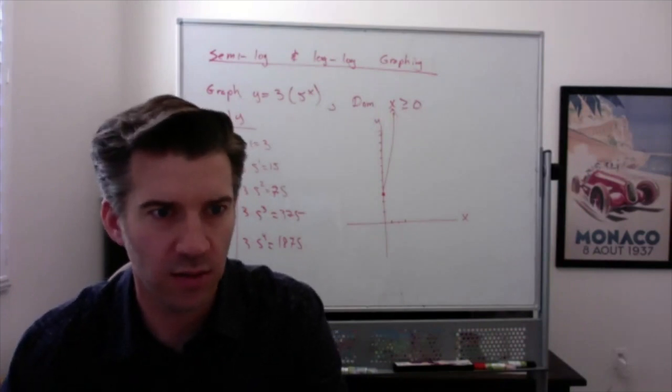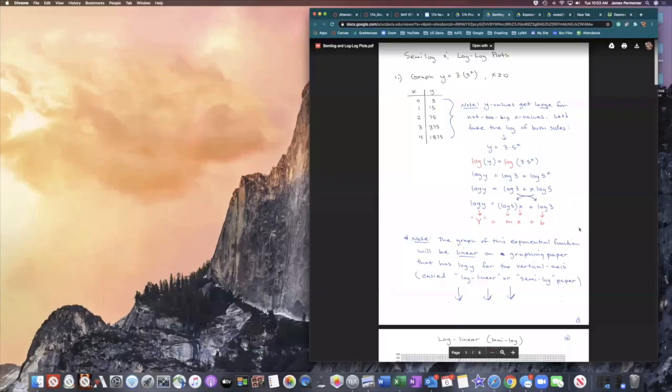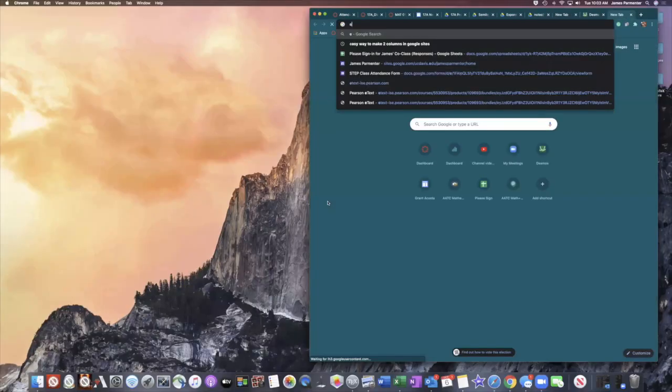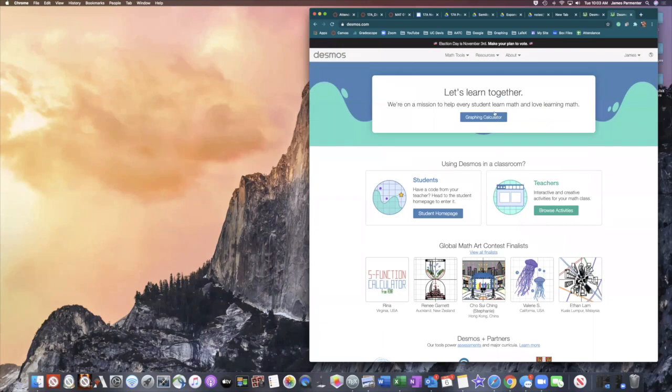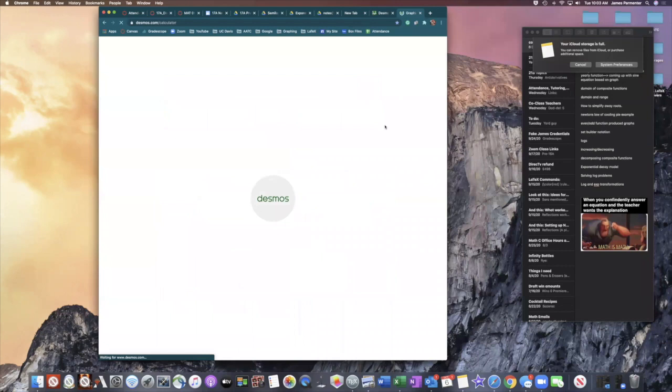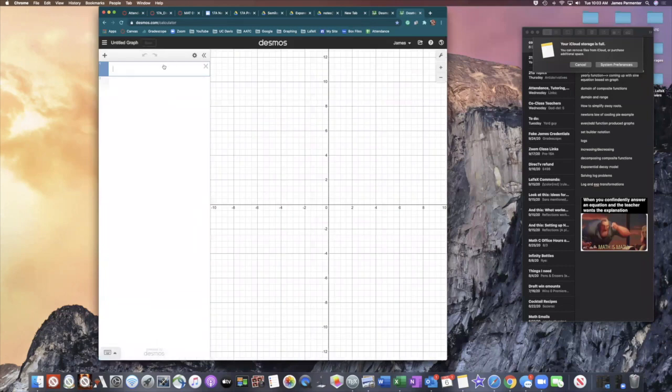I can share it now. I keep clicking the wrong thing. Yep, move. So if I graph this, right? I don't know how to do times. I just realized, how do you do a times in Desmos? We'll figure it out.